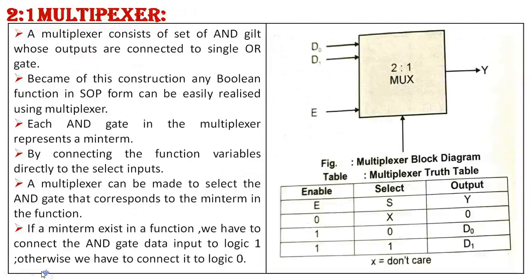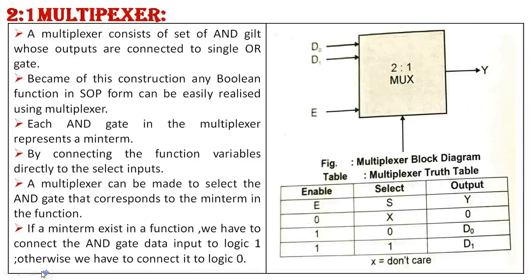Now, one example: 2 to 1 multiplexer. A multiplexer consists of a set of AND gates whose outputs are connected to a single OR gate. Because of this construction, a Boolean function in SOP, the sum of products form, can be easily realized using a multiplexer. Each AND gate in the multiplexer represents a term.